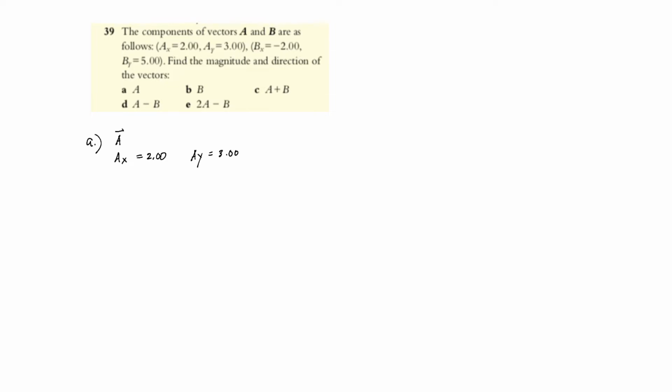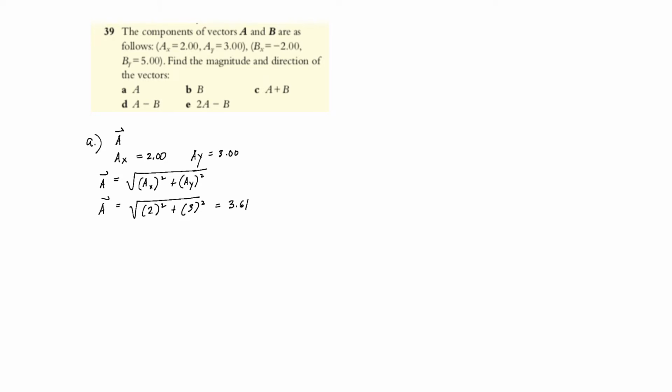And so to get the magnitude of vector a, that would be the square root of ax square plus ay square. Therefore, we're gonna have the square root of 2 square plus 3 square, and that is around 3.61.